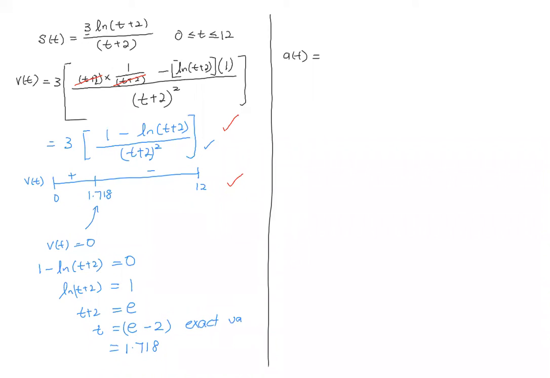Sometimes we also have to learn how to get the exact value, the exact time when the velocity is equal to 0, because this depends on the question. If I'm a person who is not very good in math, and I need an exact value, I just have no choice. I'm not going to waste my time on this 1 mark.